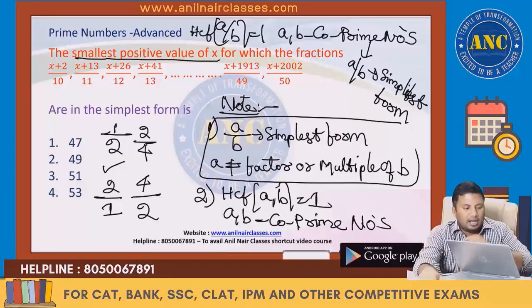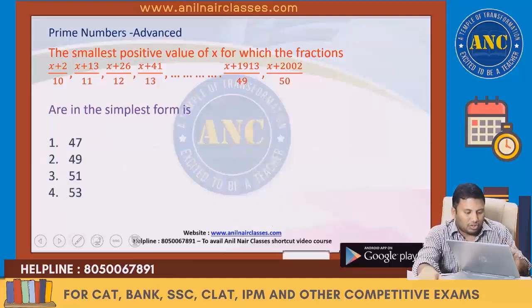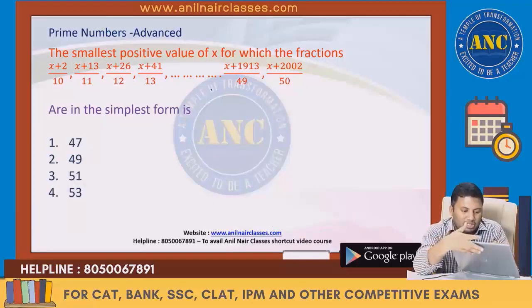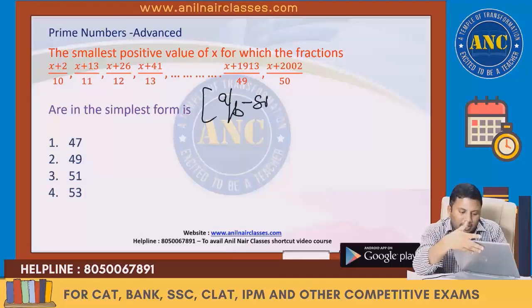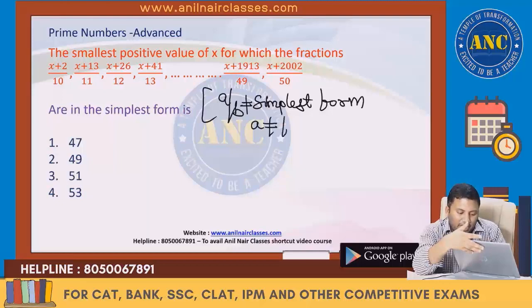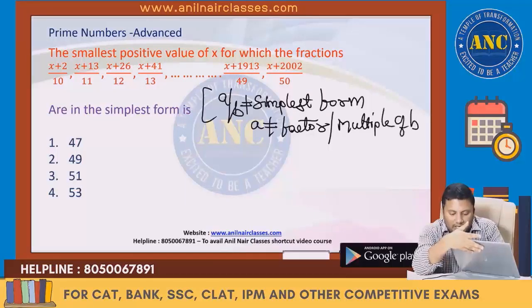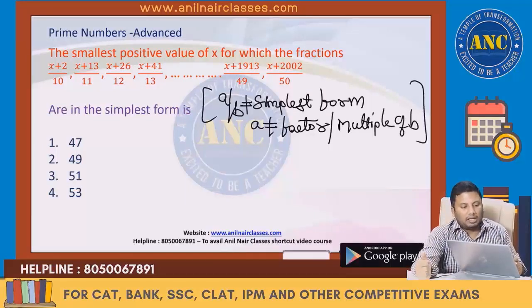Now see here, let us solve this question. What is the idea behind this question? The idea is that a by b is in its simplest form if a is not a factor or a multiple of b.